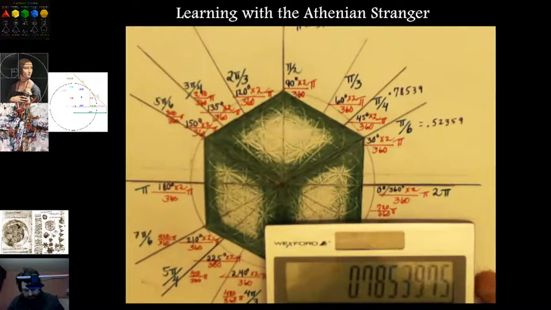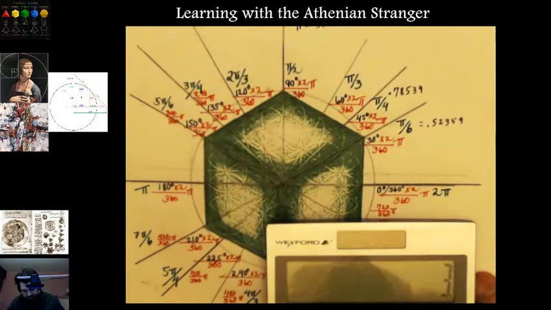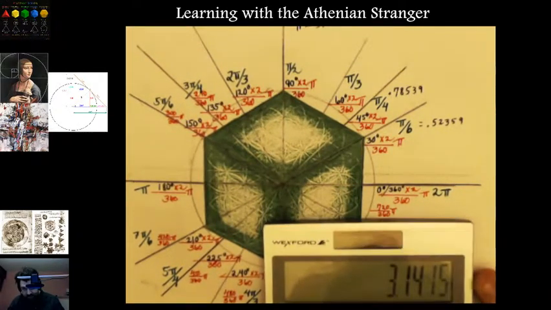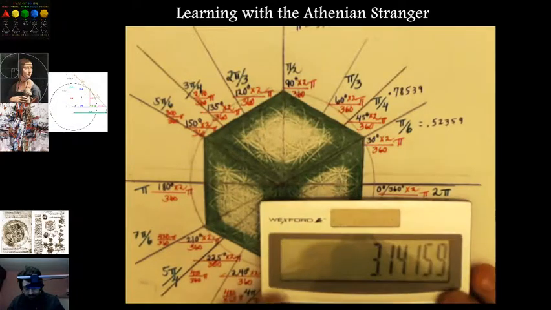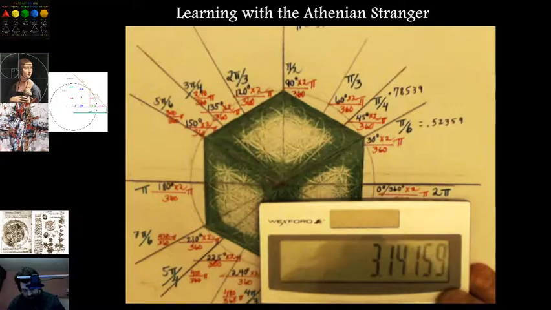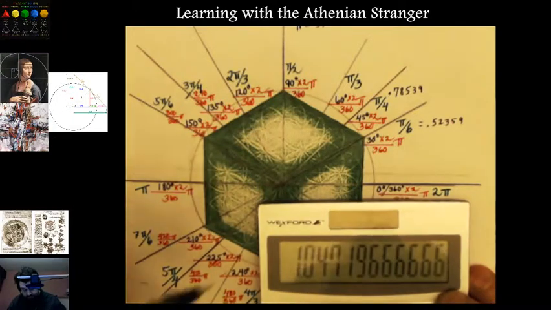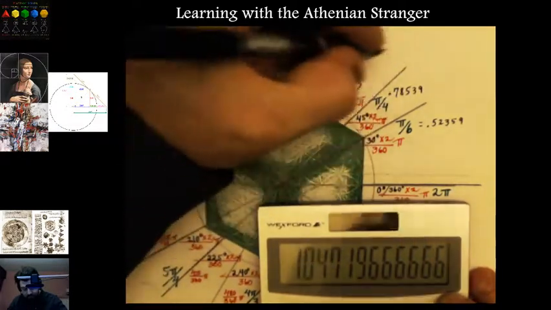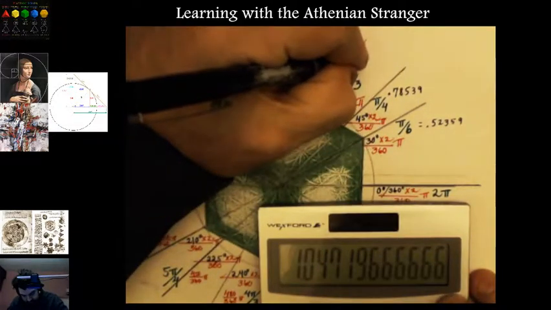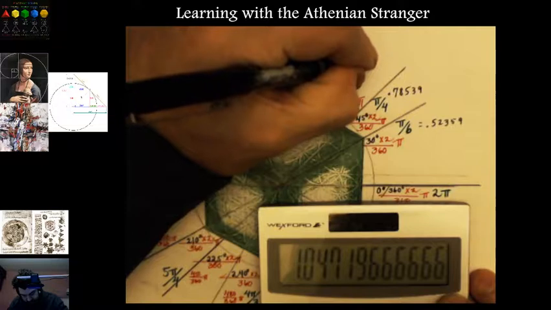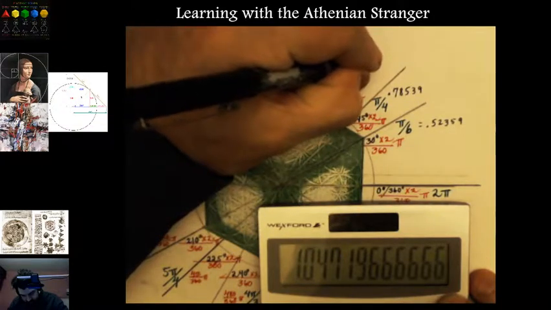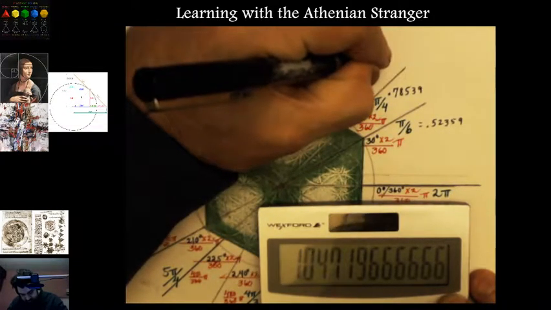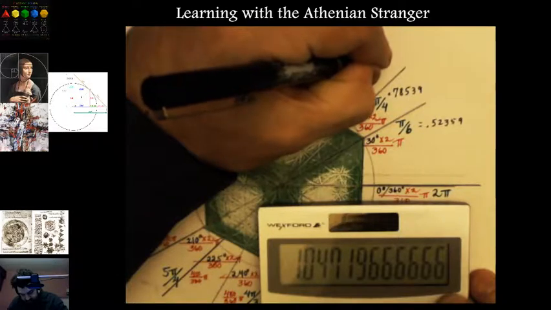Let's take pi over 3. 3.14159 divided by 3. That equals 1.0471, or 1.047.